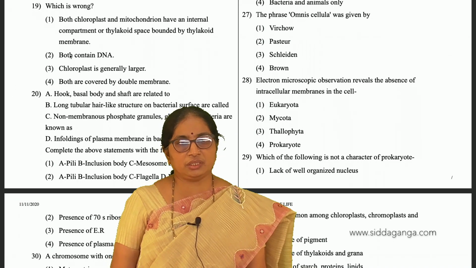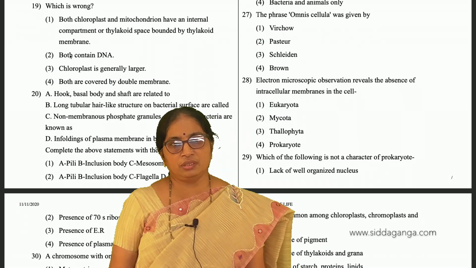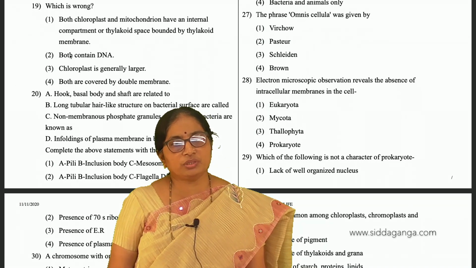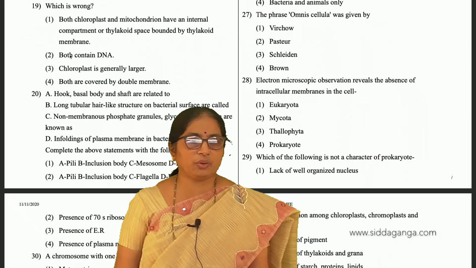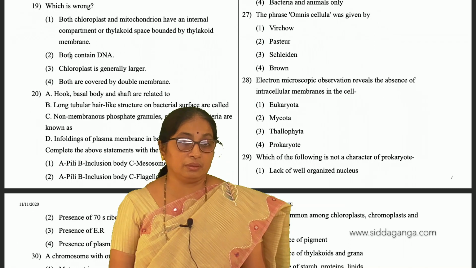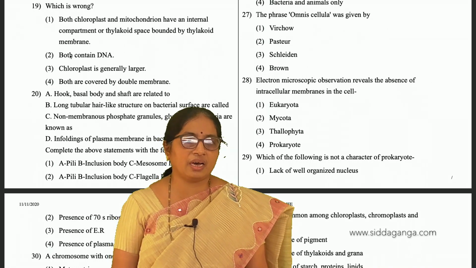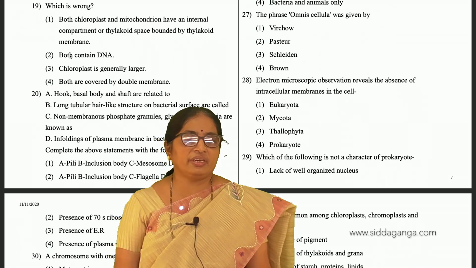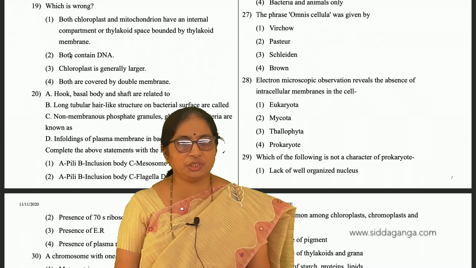But still, let us analyze the other options. The option 2 tells both contain DNA. Of course, both in the mitochondrial matrix and in the chloroplast there are DNA molecules. The third, chloroplast is generally larger.